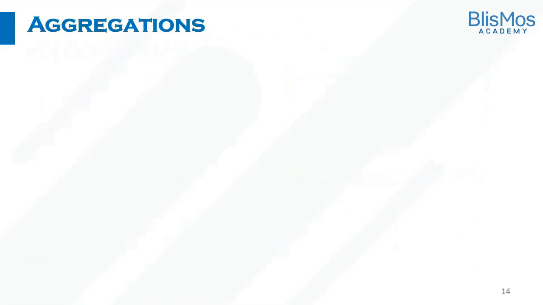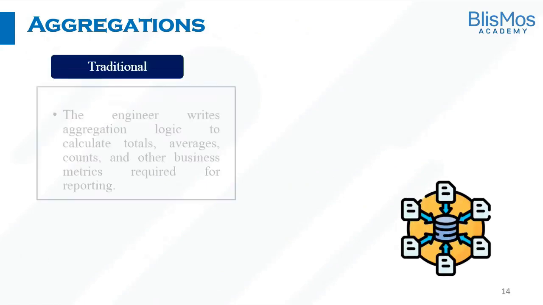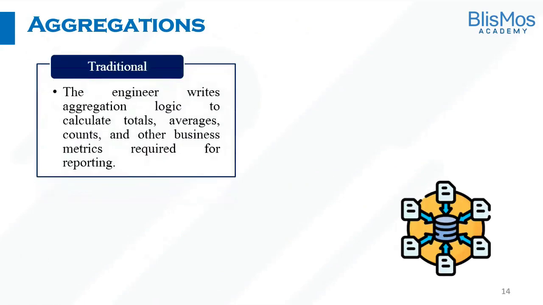Can you think of a data transformation without aggregation? No. Aggregations are a core part of data transformation. What happens traditionally is the data engineer will write the aggregation logic to calculate totals, averages, counts, and any other business metrics required for reporting.